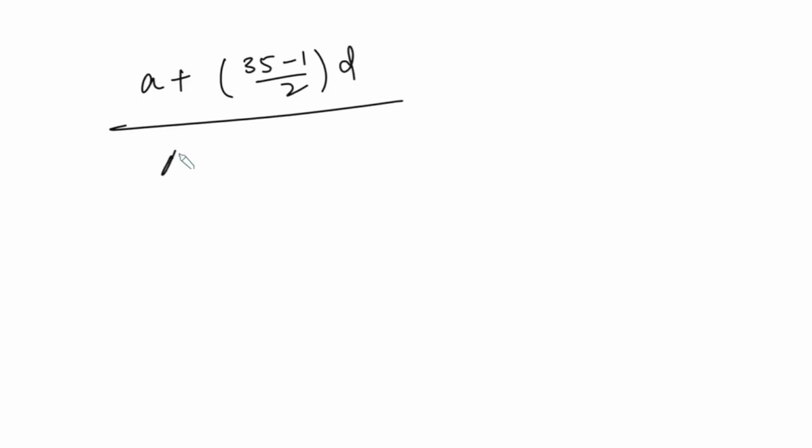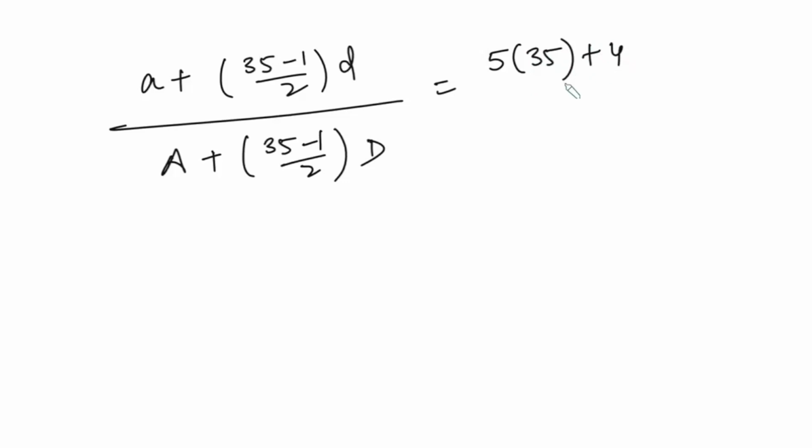So if we substitute n equals 35, we get a plus (35 minus 1) over 2 times d over A plus (35 minus 1) over 2 times D is equal to 5 into 35 plus 4 over 9 into 35 plus 6.